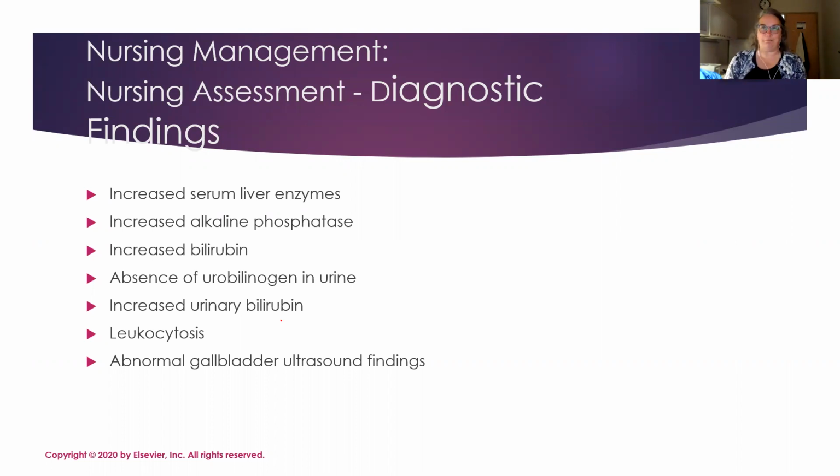Urobilinogen is a factor, meaning that the bilirubin is getting broken down appropriately in the body and it's passing appropriately through the body. When you don't have that in the urine, it's because you don't have bilirubin being processed appropriately in the body. Increased urinary bilirubin, leukocytosis, and then abnormal abdominal gallbladder ultrasound finding.